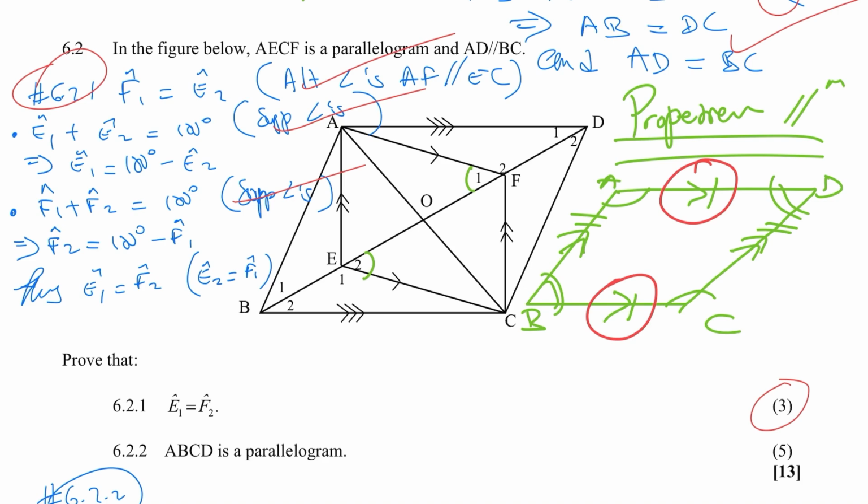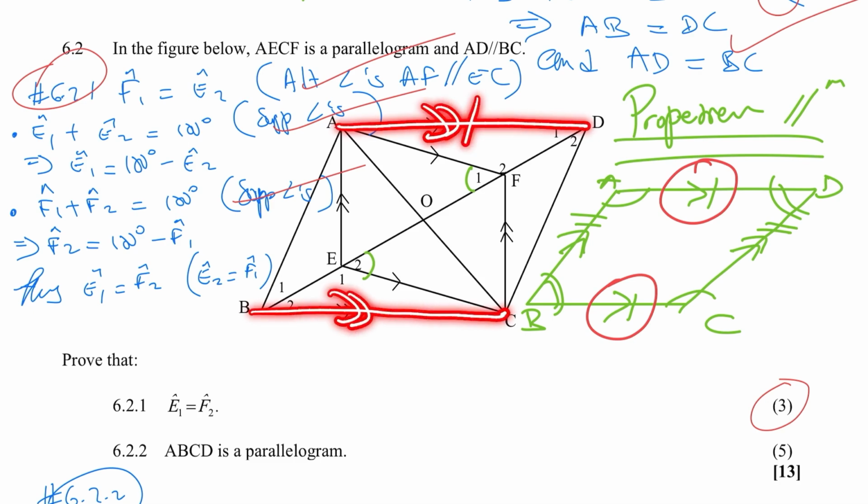If you can prove that, then you've proven that it is a parallelogram. And lucky for us, we have already been told that AD and BC are parallel. Okay, but if you can prove that they are equal, that's what you need to do. If you can prove just that they are equal now, because it is already given that they are parallel, therefore this whole thing is a parallelogram. Make sense?